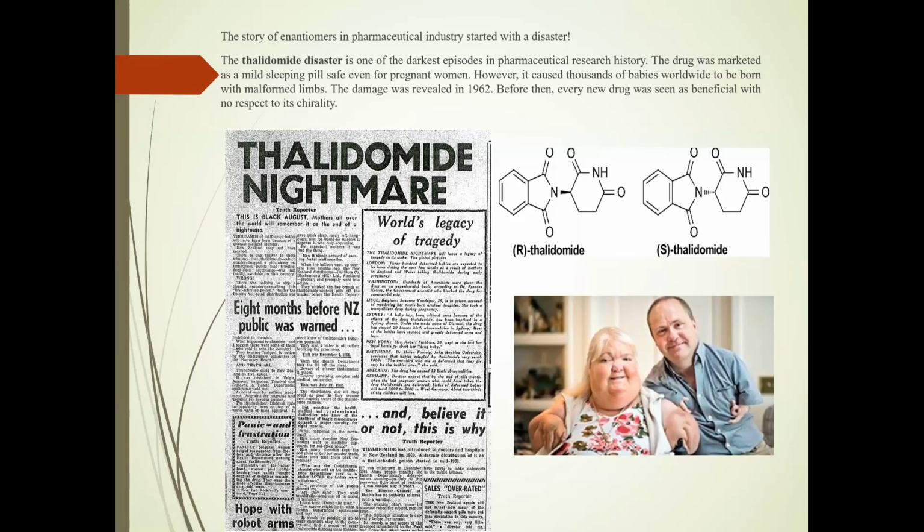Only R-thalidomide was the sedative drug, while the S enantiomer was teratogenic. So up to now, there are tens of thousands of people around the world who have malformed limbs.